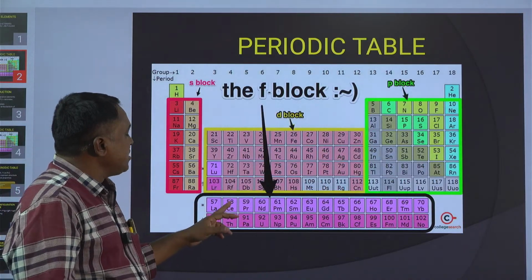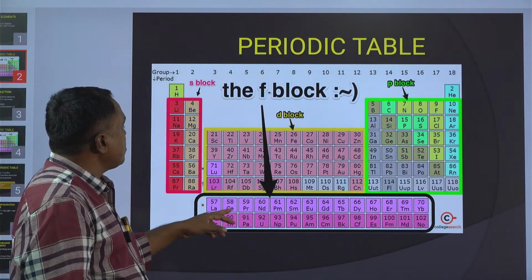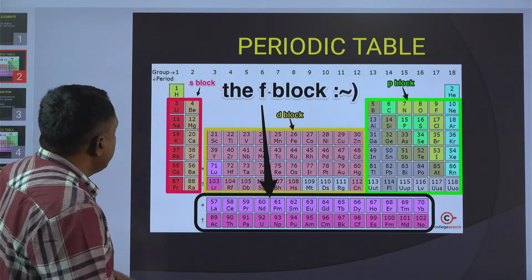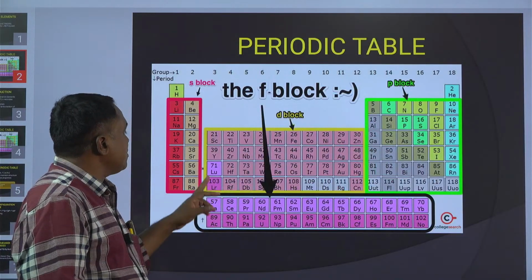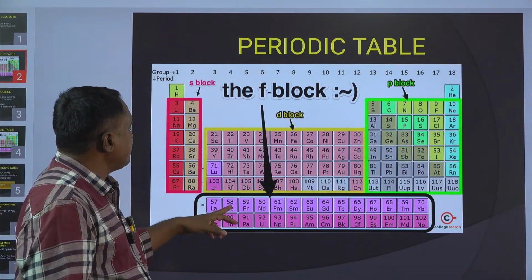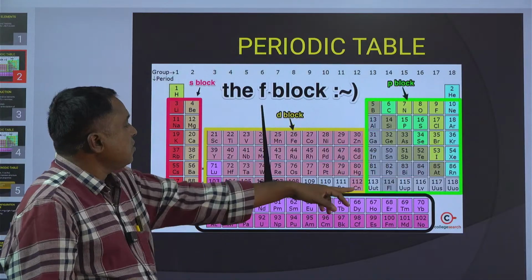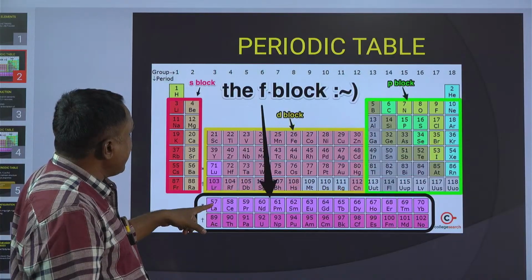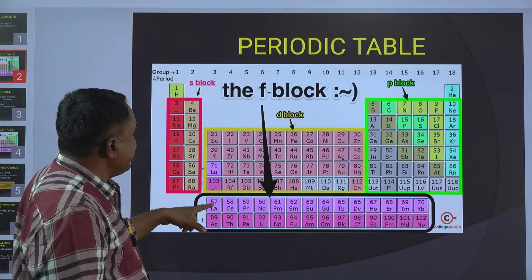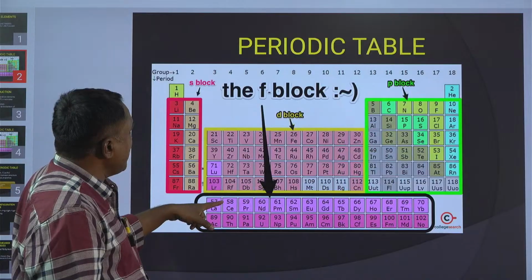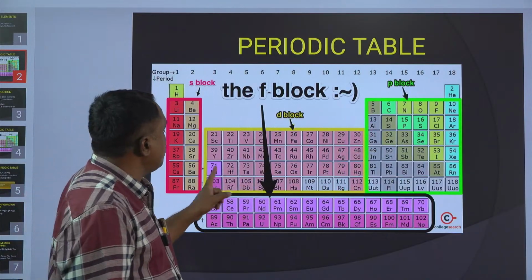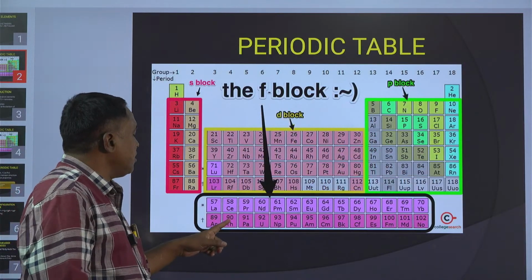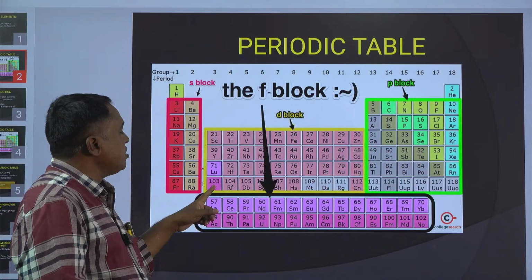Generally these 2 rows are present in the inner part of the d-block elements. So this is 57, and actually 58 to lutetium 71. After lanthanum, the elements are called lanthanides, starting from cerium 58 to lutetium 71, and actinides starting from thorium 90 to lawrencium 103.